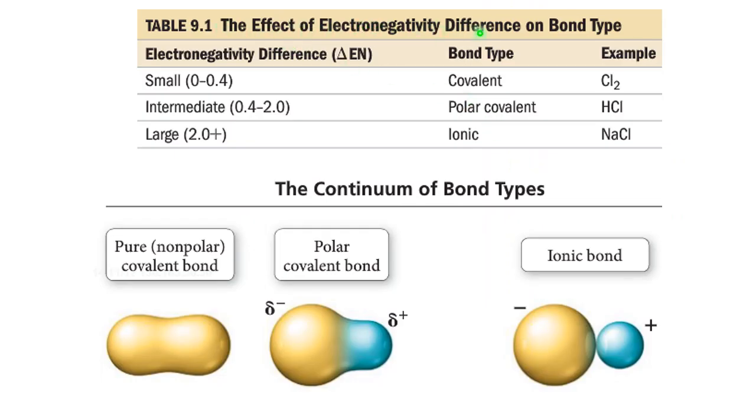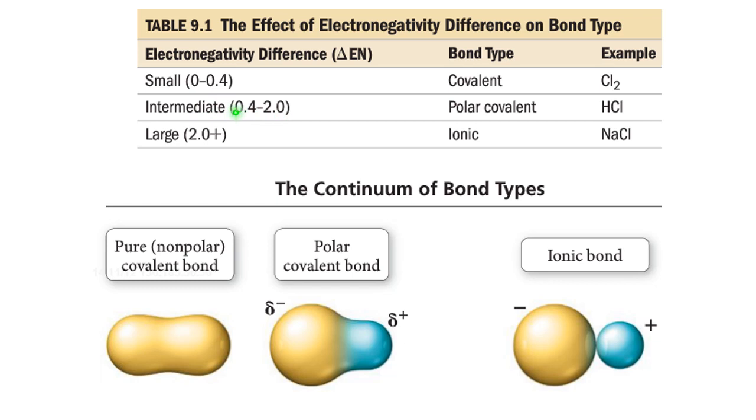If you have two atoms with different electronegativity, and this difference is very small, you have purely covalent bond. For example, it will be chemical bond between two identical atoms, like in chlorine or hydrogen. Carbon-hydrogen bond will be another example of covalent bonding.